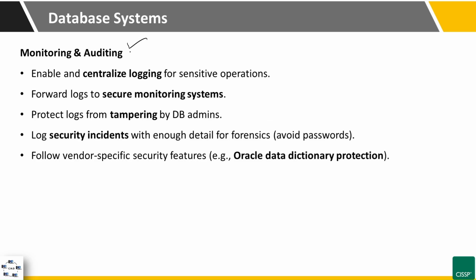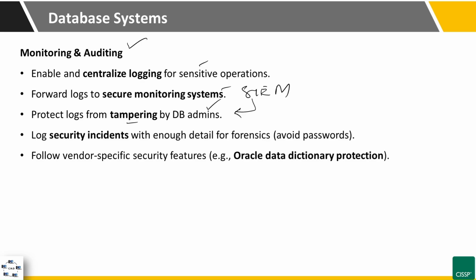Monitoring and auditing in a database system. Enable centralized logging for sensitive operations. Forward logs to secure monitoring systems such as SIEM. Protect logs from tampering by database admins. The SIEM gives you this function.